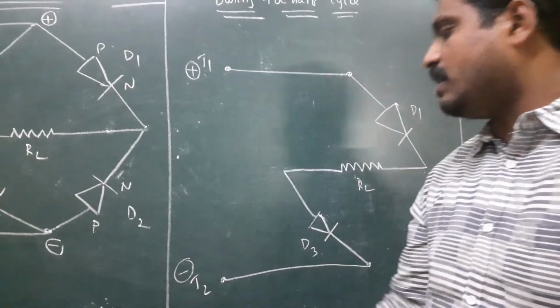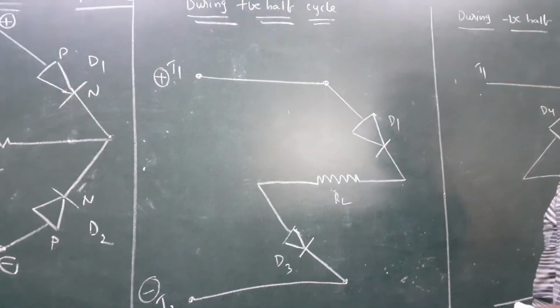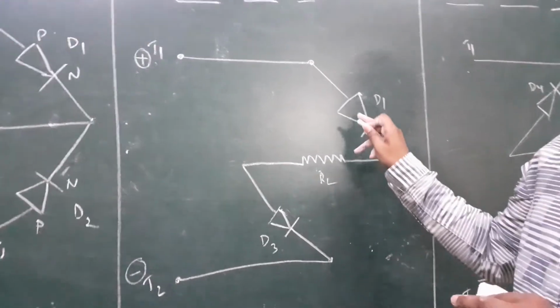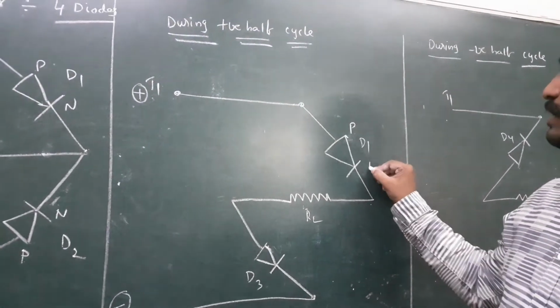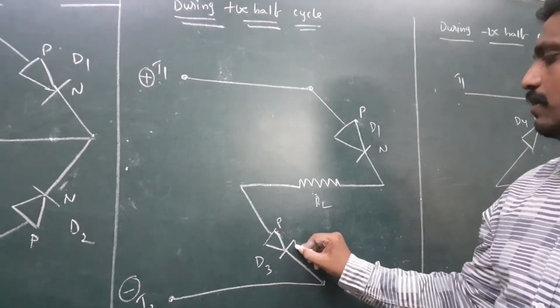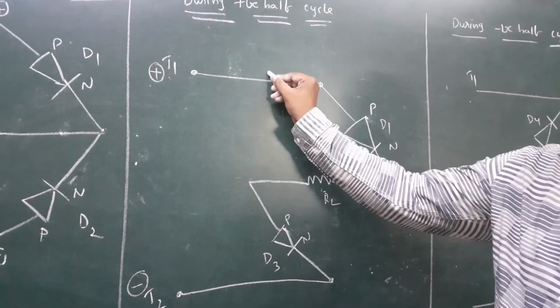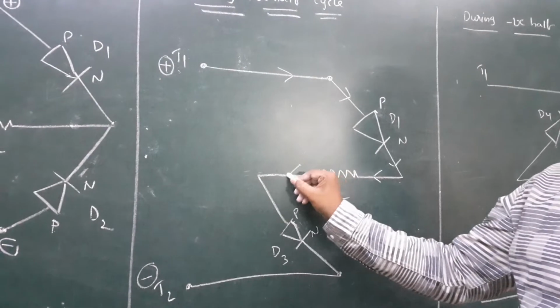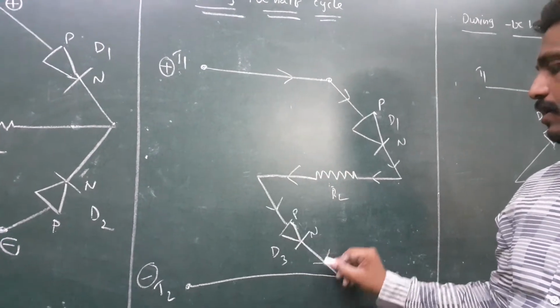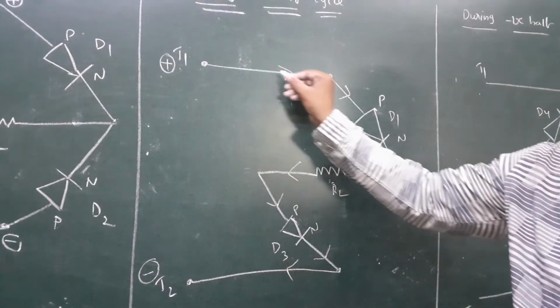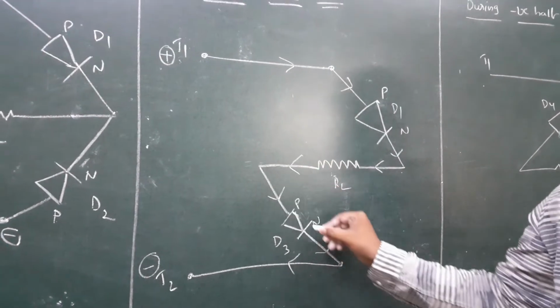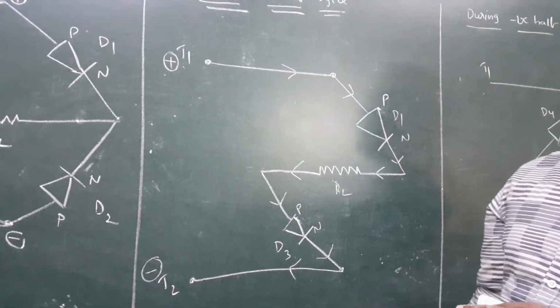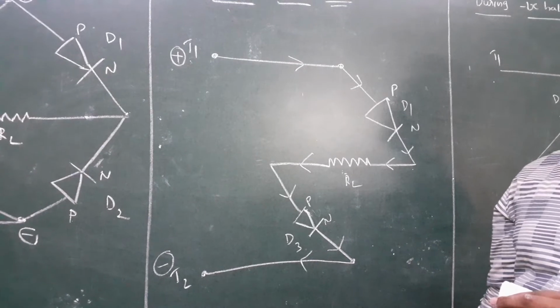This is the minus. Here this is the forward bias, PN. That means current conducts here. Current flows from plus to minus. This is the direction of current in the forward bias.